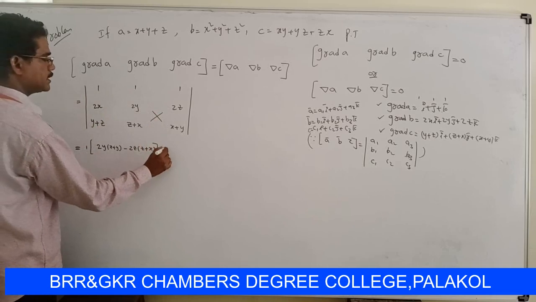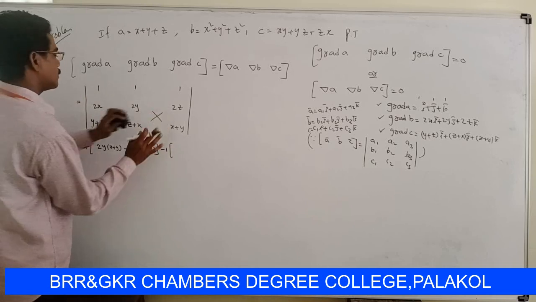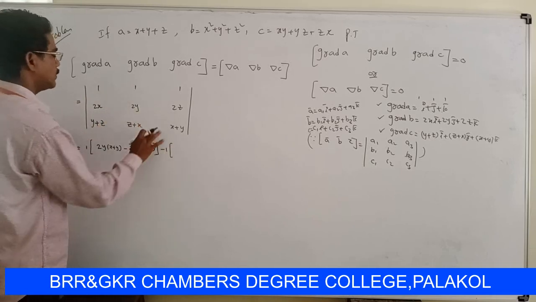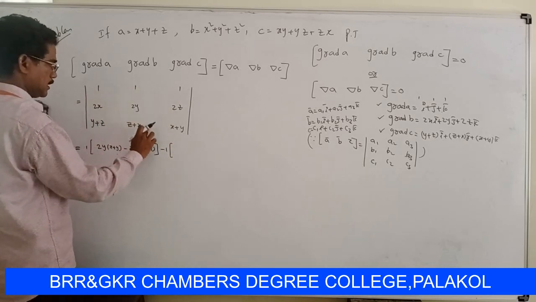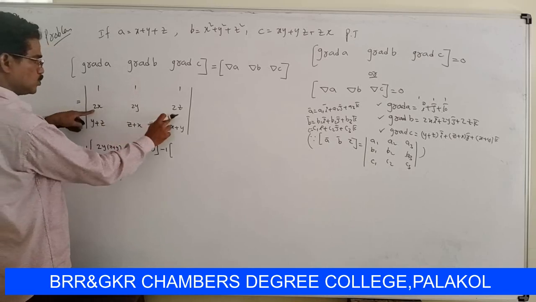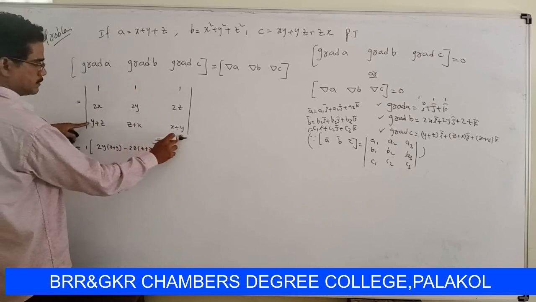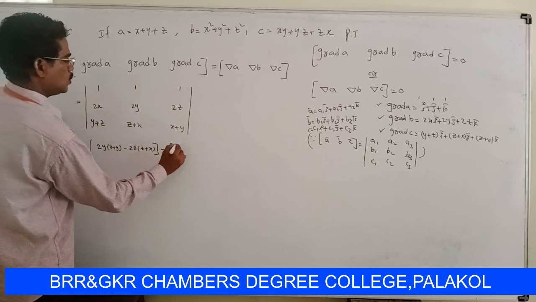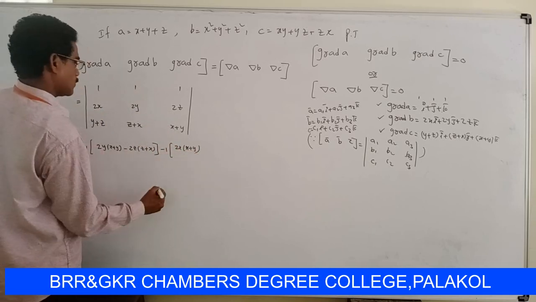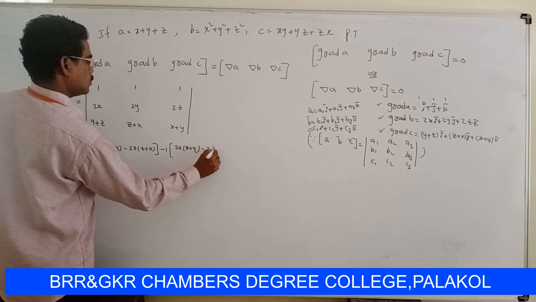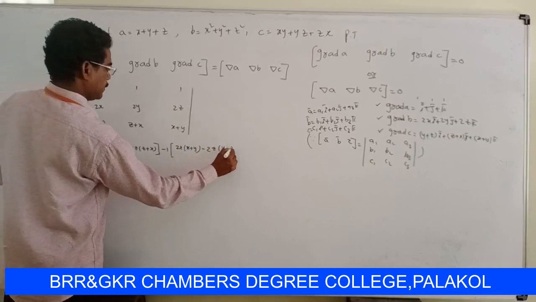Next, minus 1 into, again by the condition of ABCD, we neglect the first row and second column, then we get 2x, 2z, y plus z and x plus y, so 2x into (x plus y) minus 2z into (y plus z).